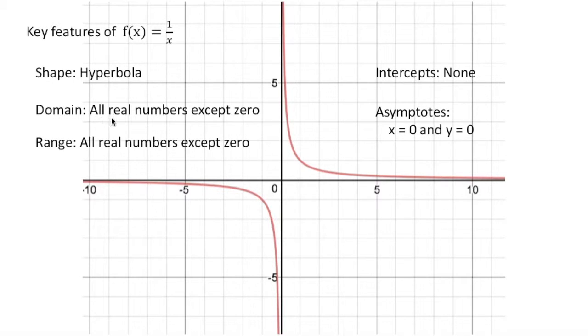We can have all real numbers for x except 0, because 1 on 0 is undefined. If we rearrange this equation for x, x equals 1 on y, you can have all real numbers except 0 again.